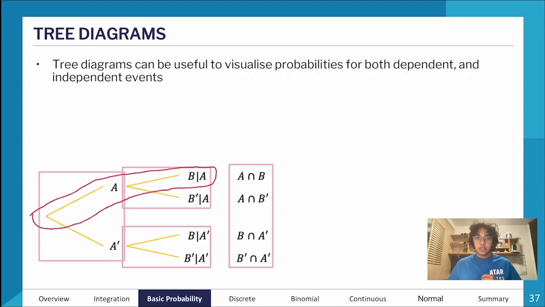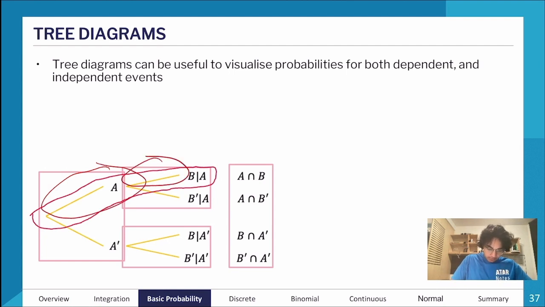All right, another technique to know is tree diagrams. So what's a tree diagram? It's a map of all possible events, right? They're generally useful for 2 to 3 events, and not anything more than that. So event A is that first branch, and then event B is the second branch, right?